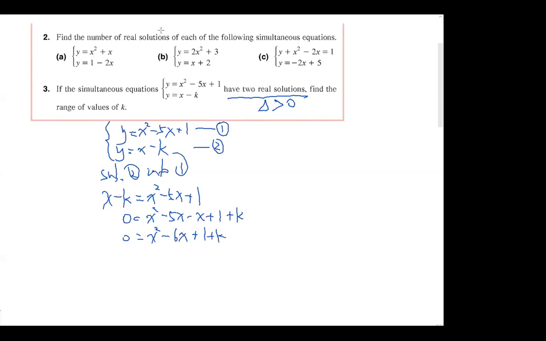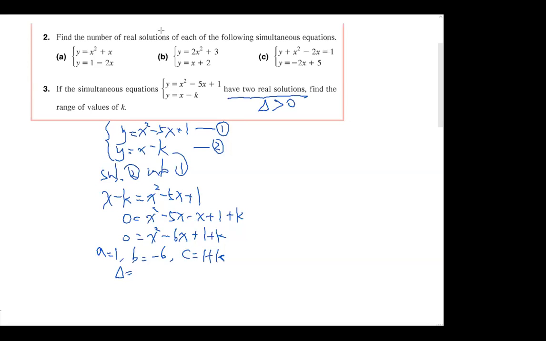0 is equal to x squared minus 6x, and then plus 1 plus k. Now we have a simple quadratic equation with a equals 1 and b equals -6, and c will be the constant term, that is the term with no x. So that should be 1 plus k. 1 plus k is the c. Now we have a, b, c, so we can calculate our delta.